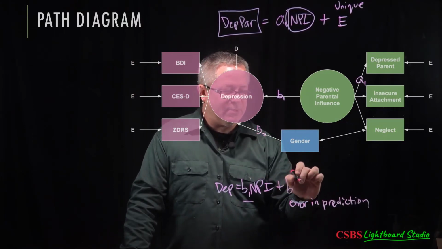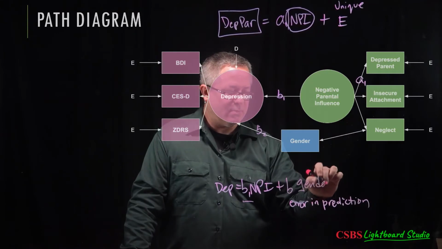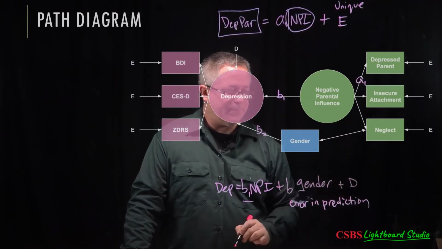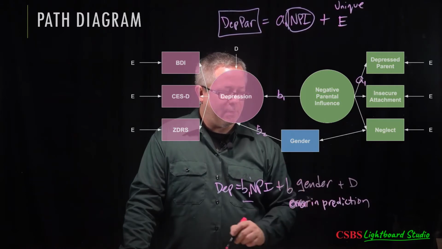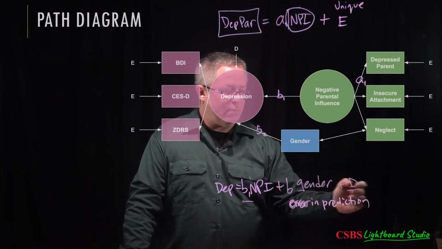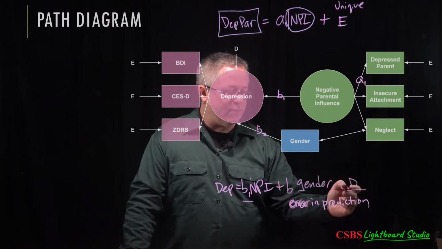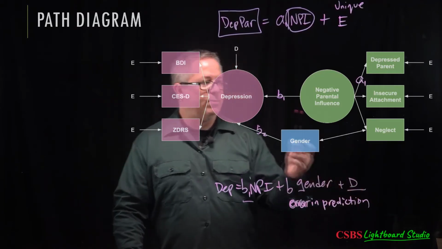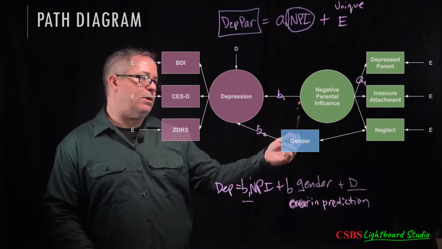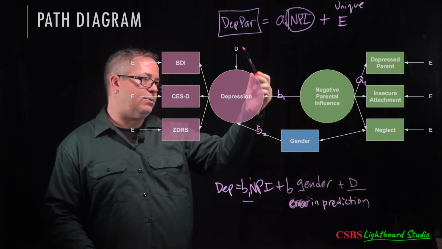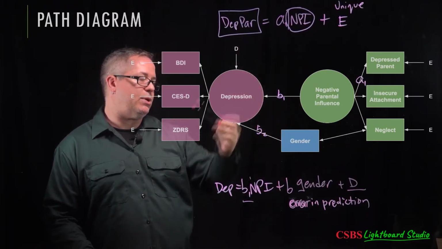B2 times gender, and plus that D. Okay. So this D really represents what's left over in depression, right? After you've predicted it with gender and negative parental influence. So this is just a prediction error, a regression error.